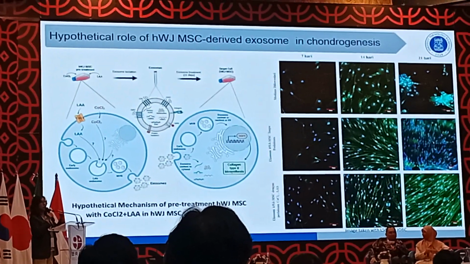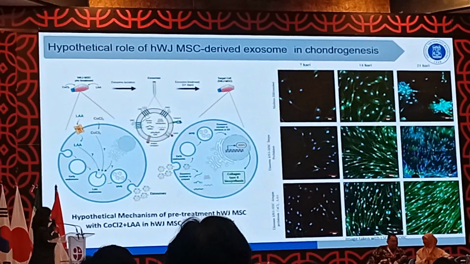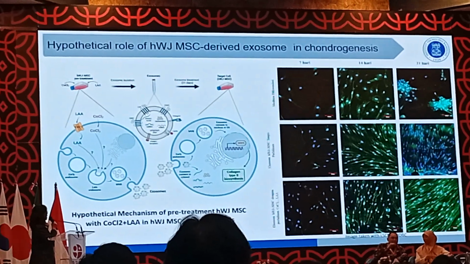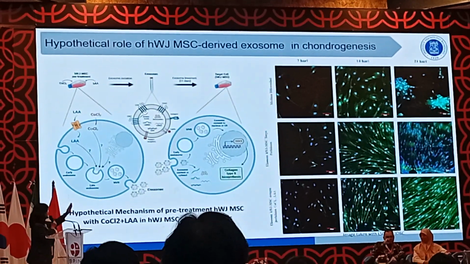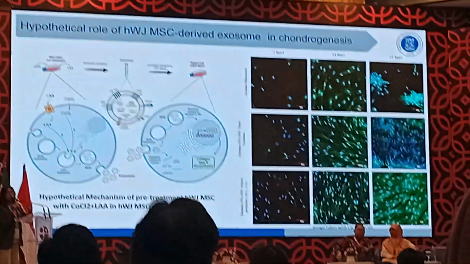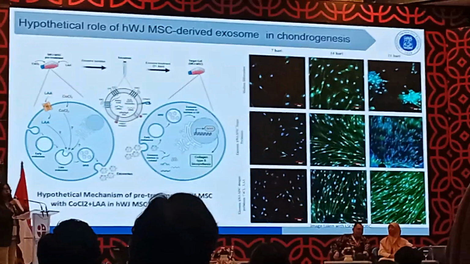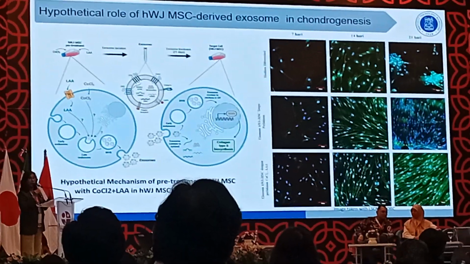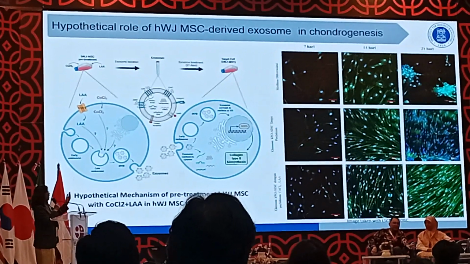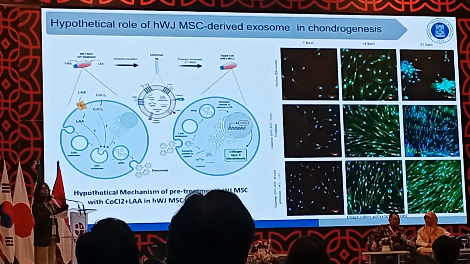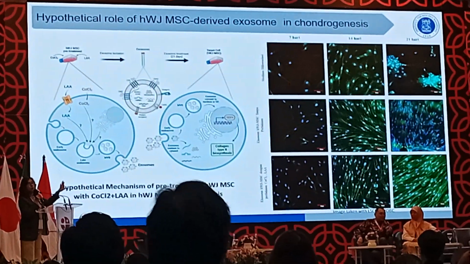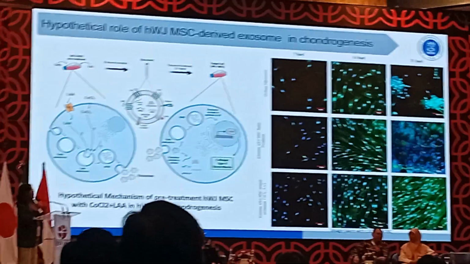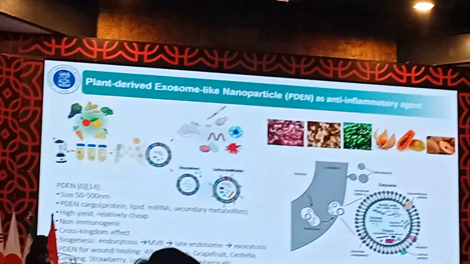But if we use the exosome from the mesenchymal stem cell, then we can also see lots of the green color, which is collagen 2. So it's also differentiated into chondroblast perhaps, yeah, but it's later compared to the differentiation medium. Okay, so the next slide, please.